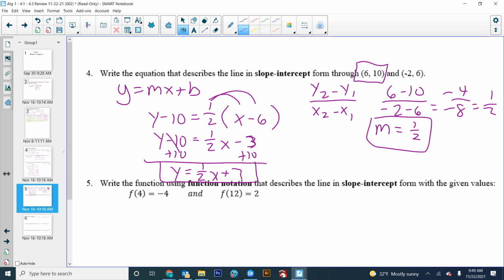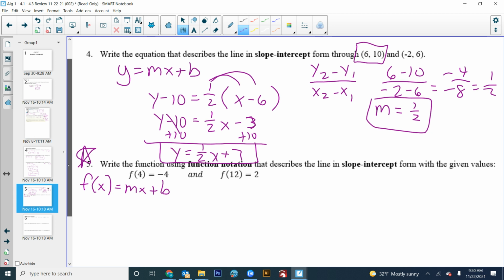All right. Now, guys, this one right here, put a little star by this. It's a little tricky. Remember, it says write as a function. So our final answer needs to be written like this: instead of y, we need to change our y to f of x. Now, these are 2 points.